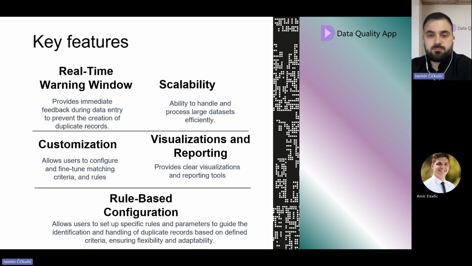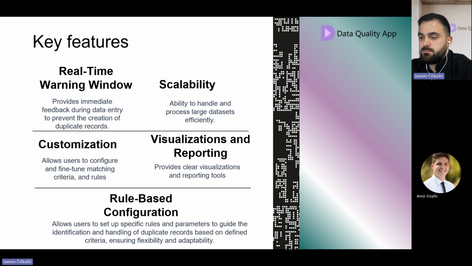Visualizations and reporting. Basically, when you run bulk detection, you will get reports of your runs. You will get lists of duplicates, and from there you can merge, delete, etc. And of course, rule-based configuration.